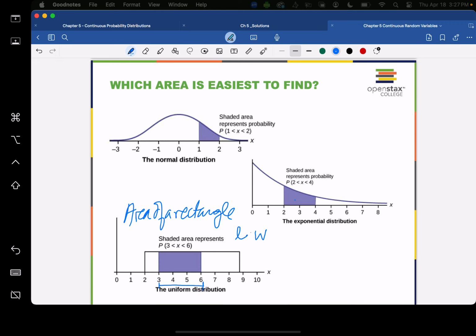That's 3. And then we could find the area by multiplying by the height. So this is the easiest to find the shaded area, and the shaded area is the probability. So my guess is the reason that we included the uniform distribution in chapter 5 is just because it's really easy to find the shaded area under there.